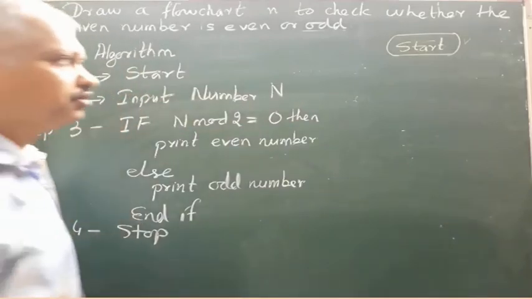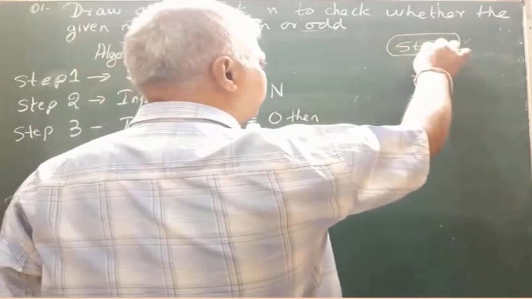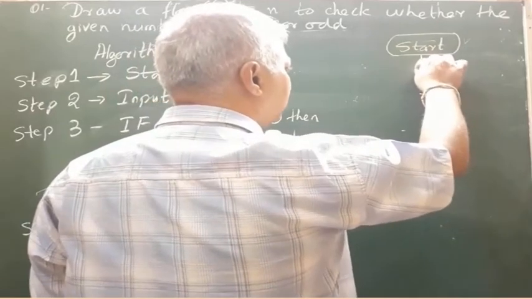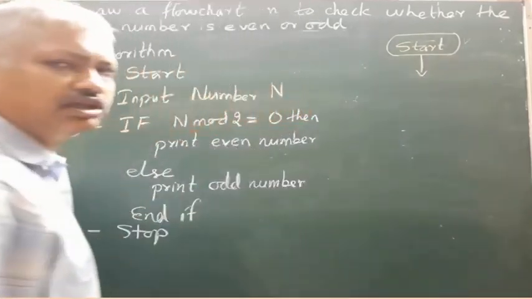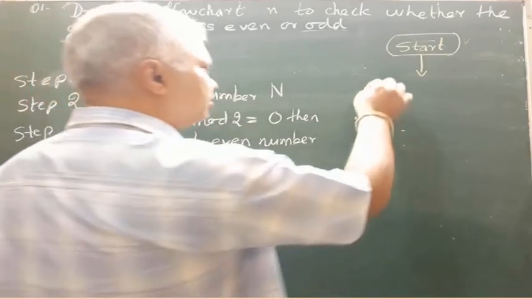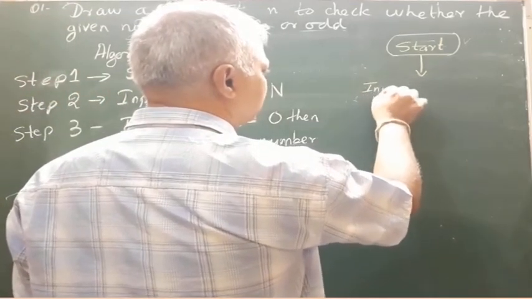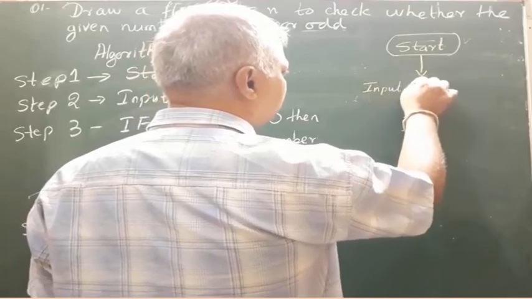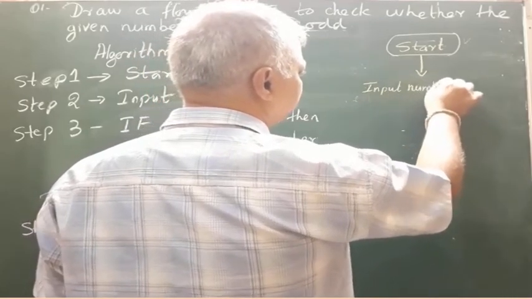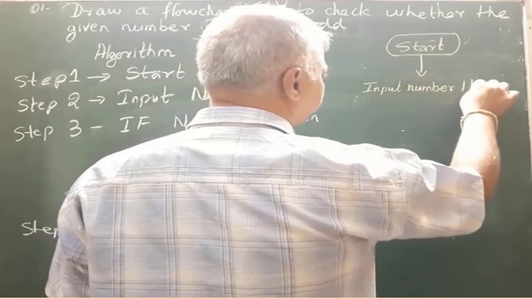After that, step 2, that is the input statement. So here I draw the input box. Right here, input number n.